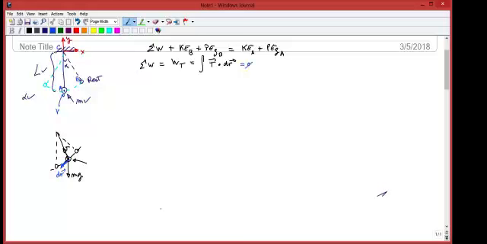Excellent. Good. Now let's look at every term. Let's put the functional form of each, and go through each term and ask yourselves whether this term is 0 or not.